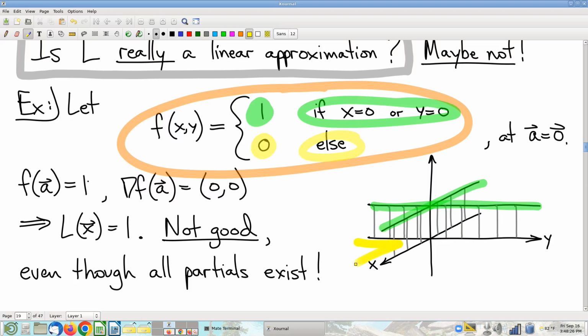So everywhere except above the coordinate axes, the value of the function is 0. Above the x and y axes, the value of the function is 1. What an odd little function.